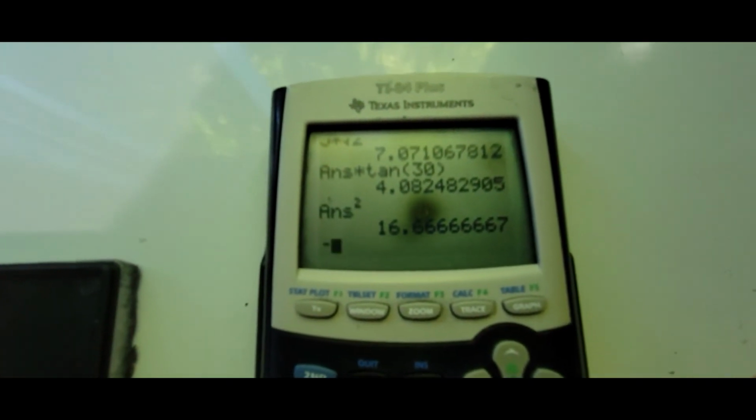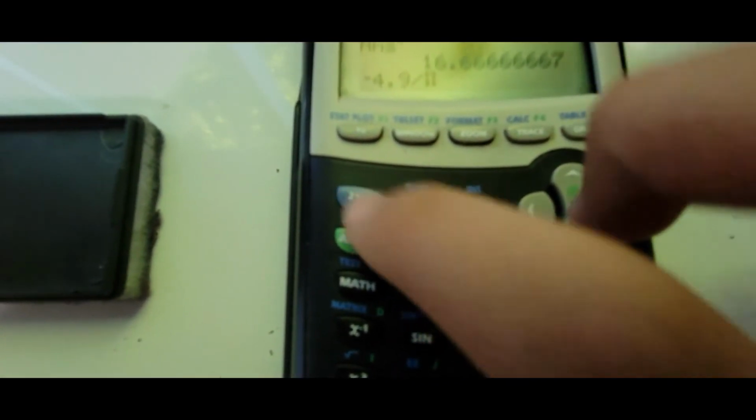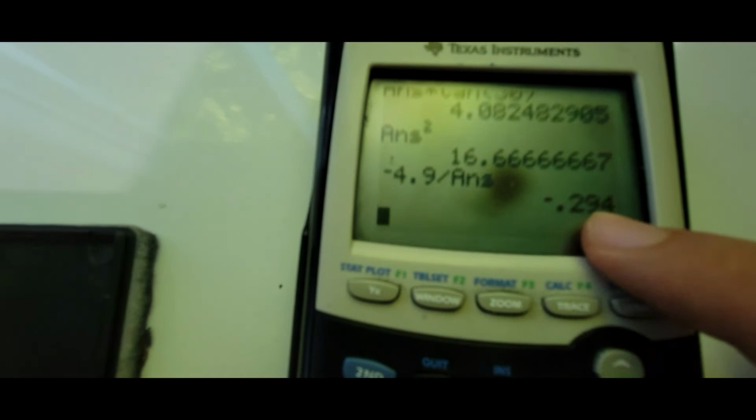And if we grab negative 4.9, and we have to type this for the negative sign. So if you have negative 4.9, and we're going to divide that by that answer by clicking on second, and then this negative sign, or answer, then we hit enter, and we get this for that answer.